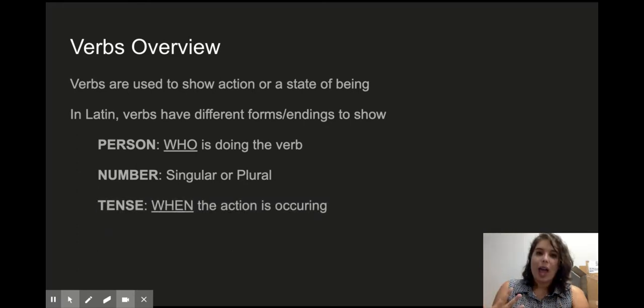Tense tells us when a verb is occurring. So I run, I ran, I will run, right? These are all verbs that are happening at different times. English does this a little bit where the verb changes for the tense. Latin just does it specifically in the verb itself instead of adding extra words like I will run.